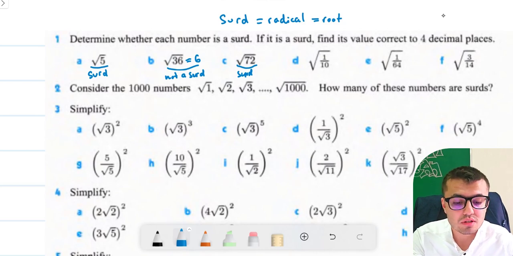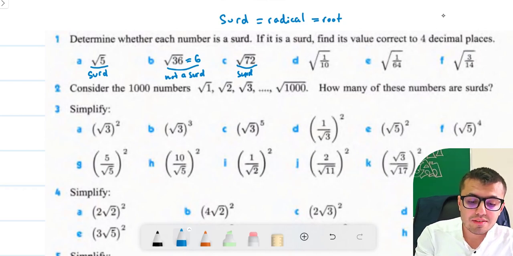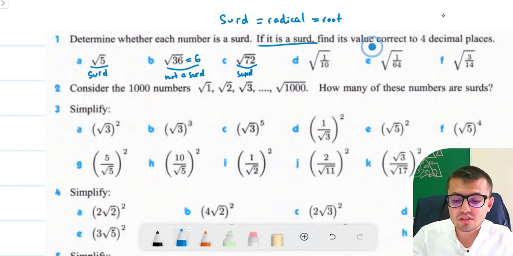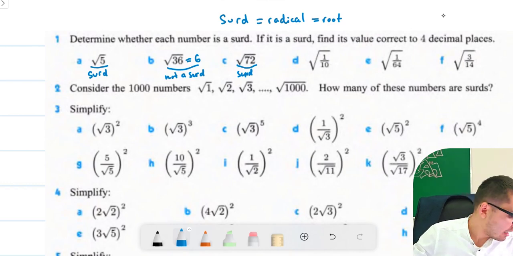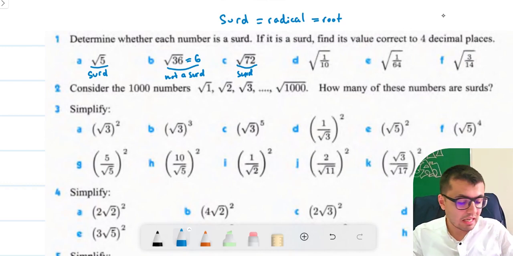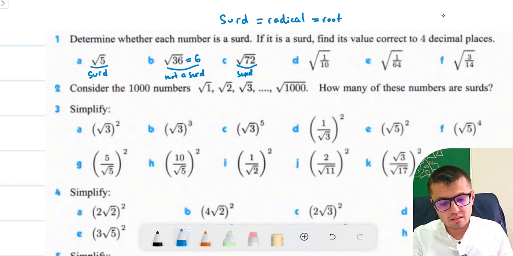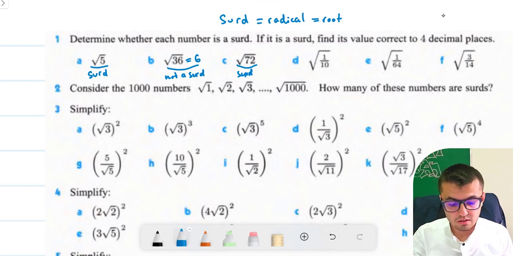This cannot be taken out of the radical sign. So root 72 is some random unknown number. Root 72 cannot be calculated. By the way, if it's a surd, find its value correct to 4 decimal places. Just type it into any calculator, and you may find the value. So we have, for example, root 5.